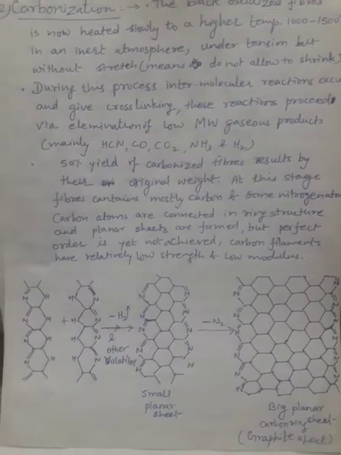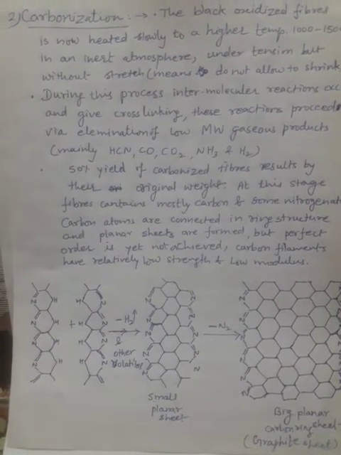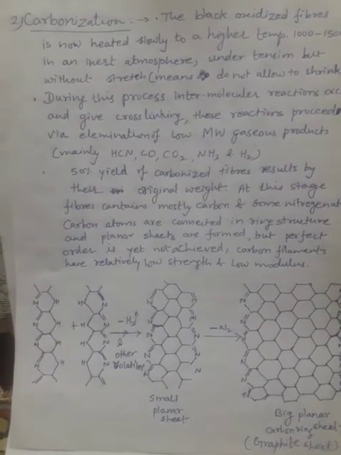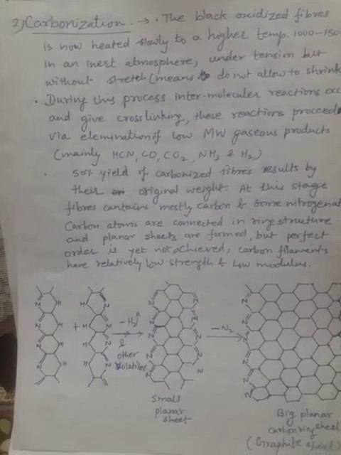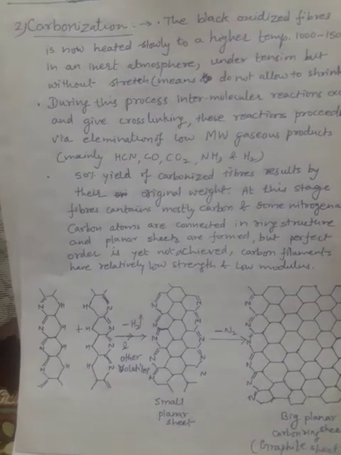During this process intermolecular reactions occur and give some cross linking, ring formation, and planar sheets start to form, and these reactions proceed via elimination of low molecular gaseous products.